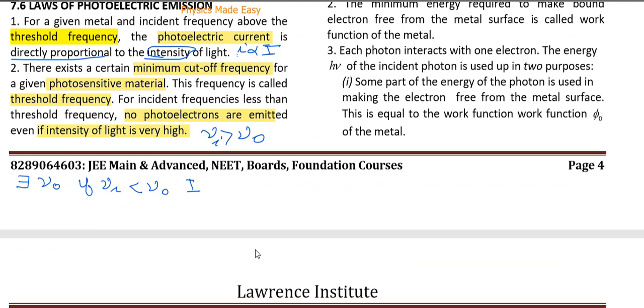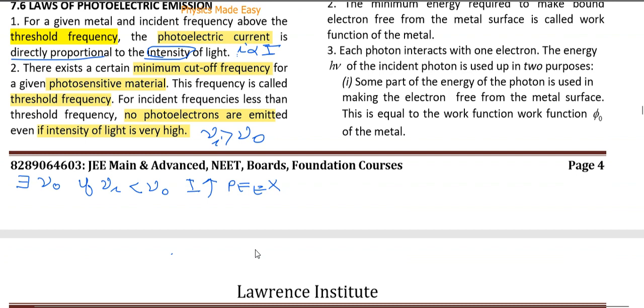This fact is in violation of the classical theory. Again, listen: if there exists a threshold frequency and the incident frequency is lesser than it, then you cannot make photoelectric emission happen by raising the intensity of light. Go on raising it, the photoelectric effect will not take place.